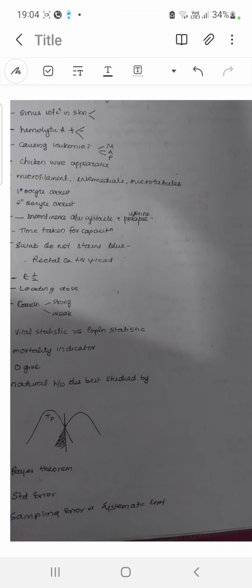Vital statistics versus population statistics. Vital means birth data and death data: birth rate, death rate, fertility rate and mortality rate. In between there will be the natural growth rate.